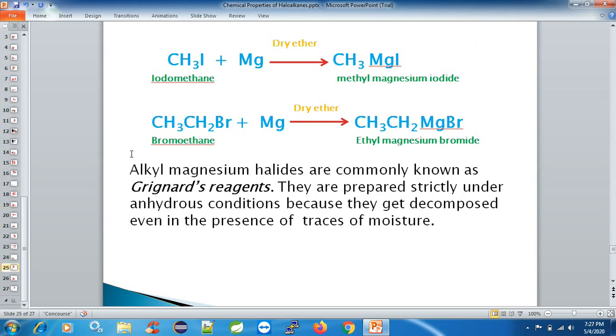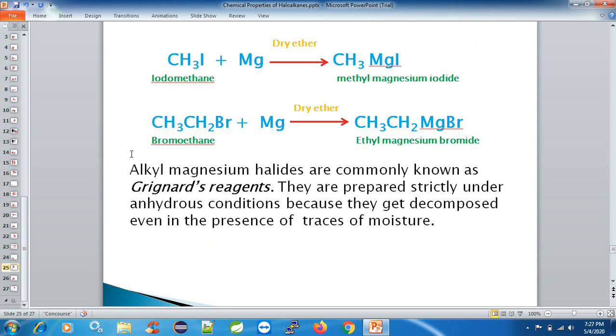Then we will discuss the example. You see now methyl iodide or iodomethane reacting with magnesium in presence of dry ether, producing methyl magnesium iodide.